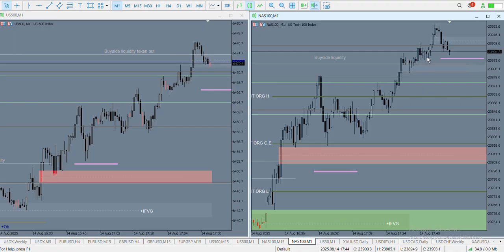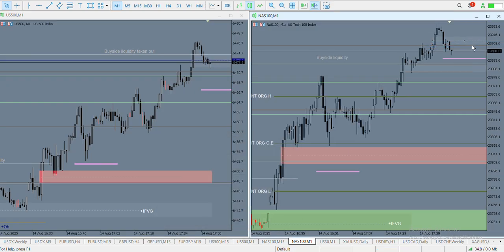So I've talked about this swing low here. I want to see price move below this swing low, then I'll be convinced to go short. Otherwise, we might still go above this high.